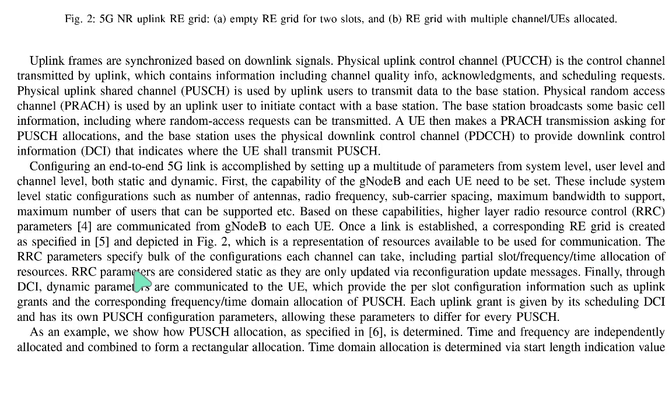The RRC parameters are considered static as they are only updated by configuration update messages. Finally, through the DCI, dynamic parameters are communicated to the UE, which provide the per-slot configuration information, such as the uplink grant and the corresponding frequency and time domain allocation of the PUSCH.